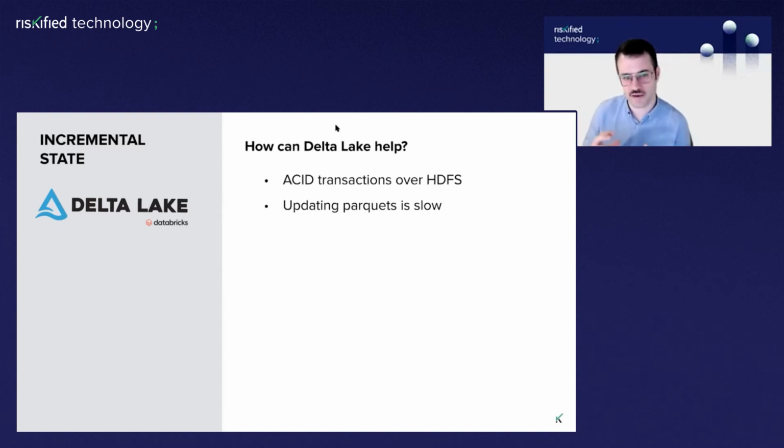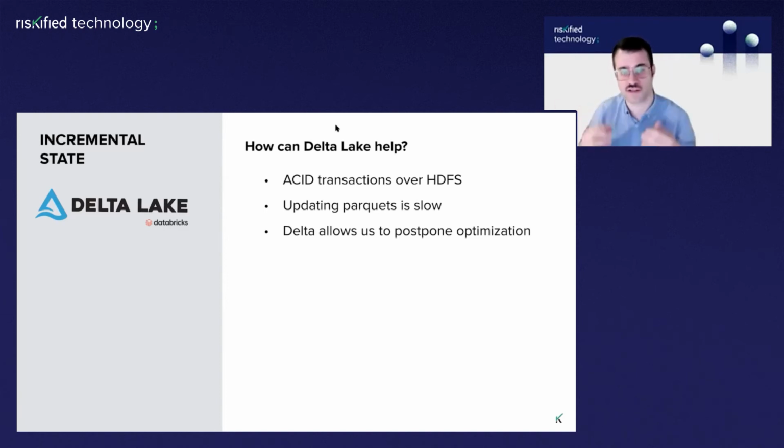So it makes you feel as if it's updating, but it's actually just adding information or deleting information. And once in a while, you do want to crunch everything and make things smaller, and not just keep incremental changes in a changelog kind of way. But Delta allows us to do this whenever we want and not at all times, like we would do normally when updating Parquets in a simple fashion.